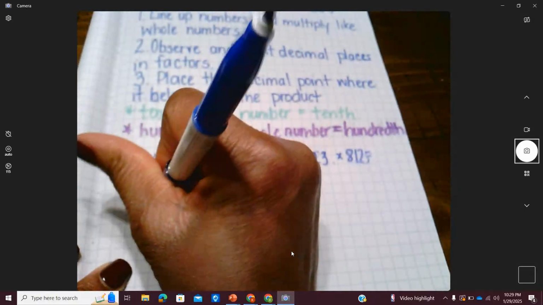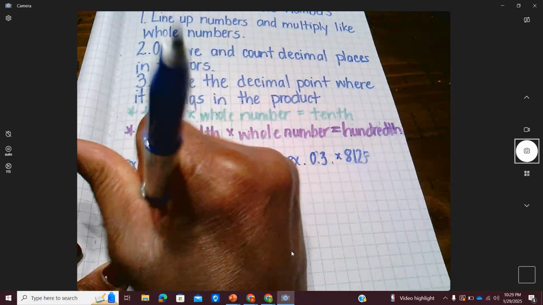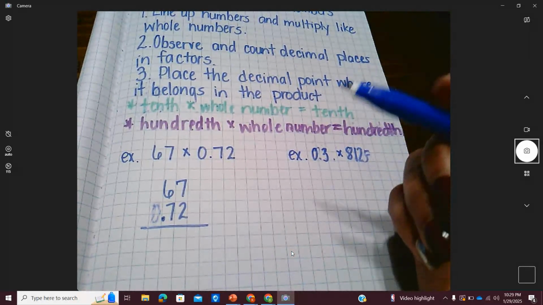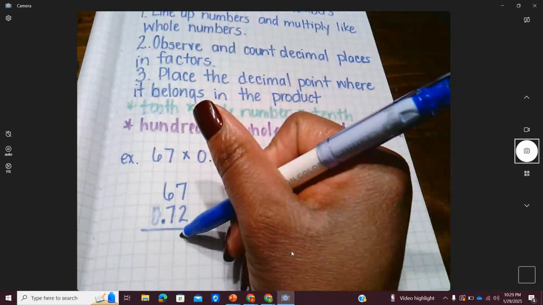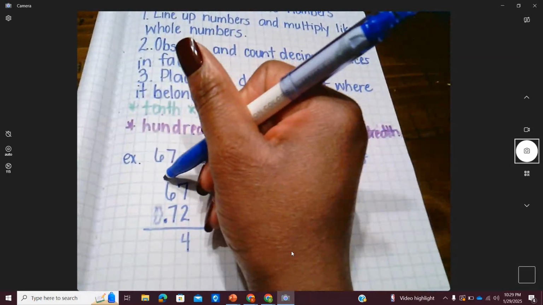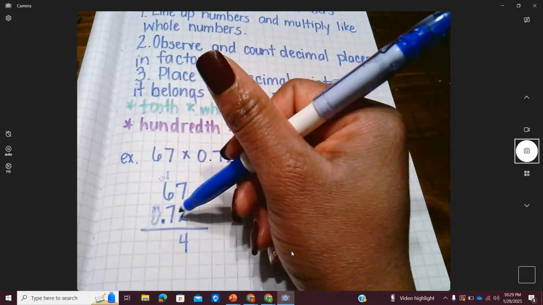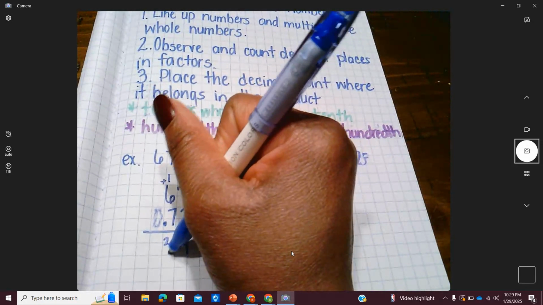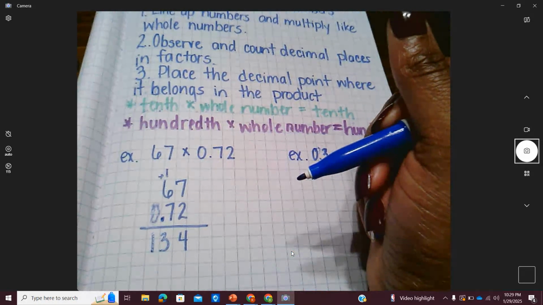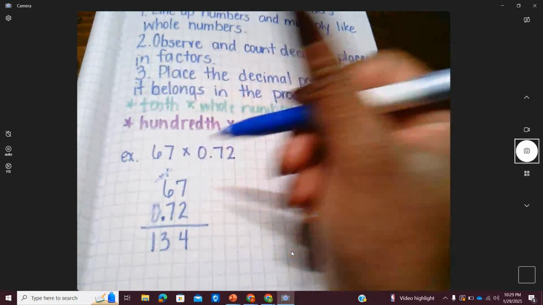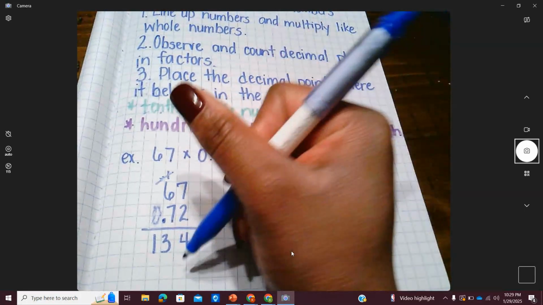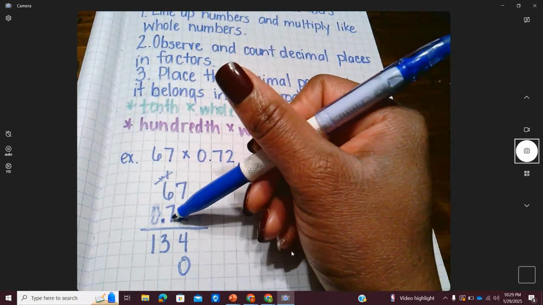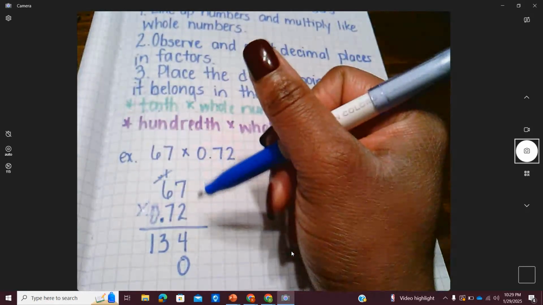So this 0 has no value at this point, so I'm going to just erase it for now. 7 times 2 is 14. I'm going to put my 4 and regroup my 1. 2 times 6 is 12, plus 1 is 13. I don't have any more to regroup, so I'm going to just put 13 down below. Now I'm going to annex a 0, just like I would, because I'm doing it like whole numbers. 7 times 7 is 49.